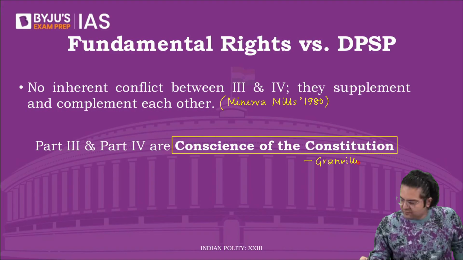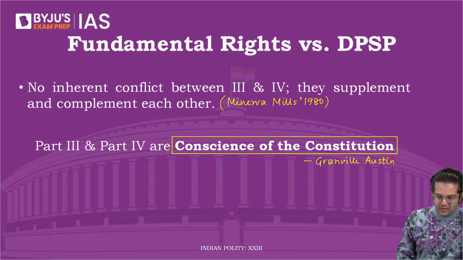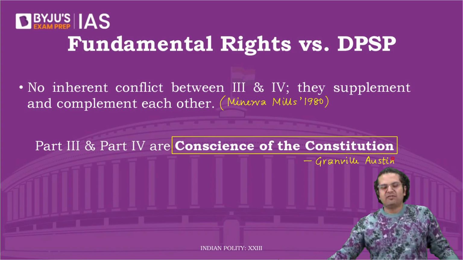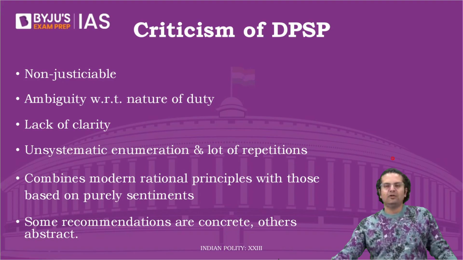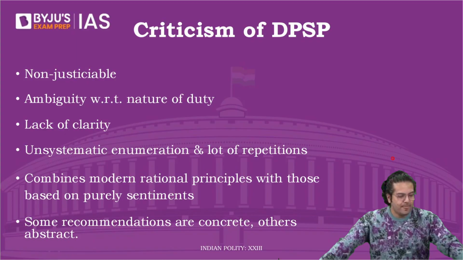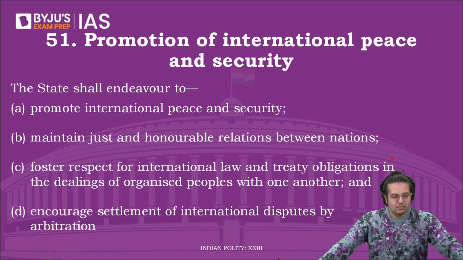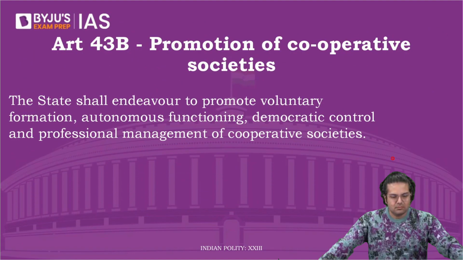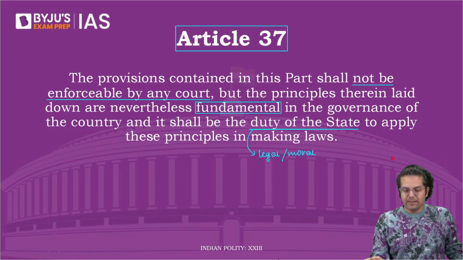In the words of Granville Austin, conscience. Now, very simple. What's the criticism? DPSPs are non-justiciable. We know it very well. So, that's again a problem. Eventually, you have to depend on the goodwill of the government to achieve those things. And duty. Remember this Article 37. It shall be the duty of the state to apply these principles.